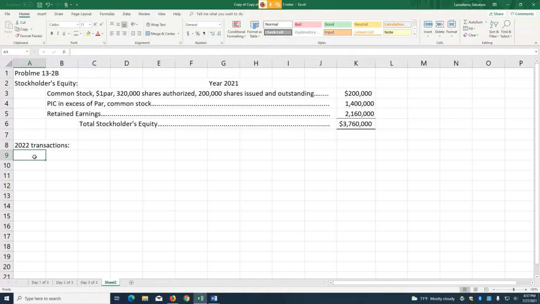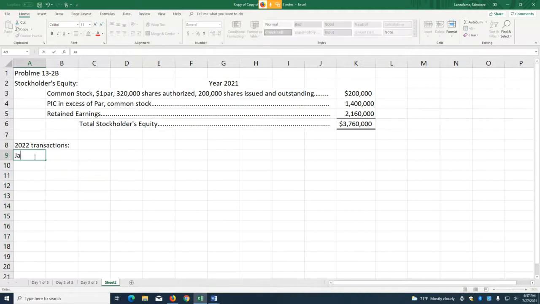Okay, so the first transaction in 2022 says on January 10th, purchased 40,000 shares of its own stock at $12 a share. That's what we just learned, right? That's Treasury Stock. So let me write that down.